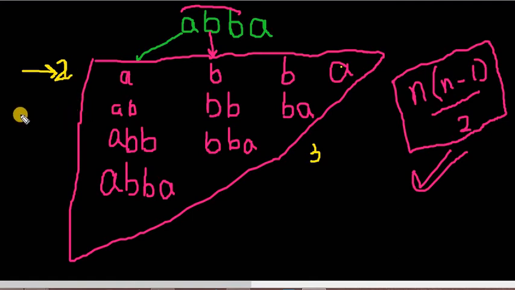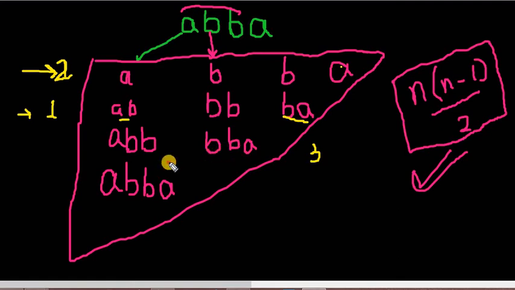Let's check if AB is an anagram of anything. AB is an anagram of BA, with the same characters, so this makes another pair. Let's check if ABB makes a pair with another substring of the same length.